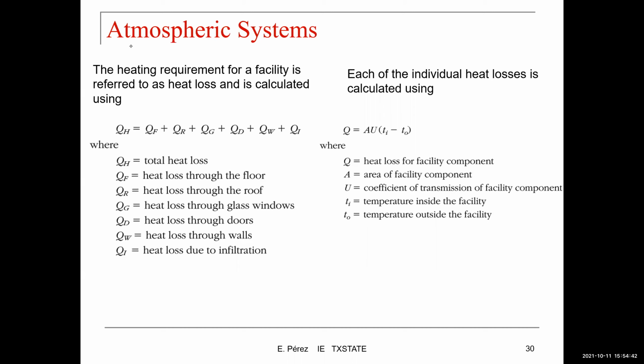Since you are trying to define the heat requirement, T inside will be higher than T outside for the heating component. So you want to keep a warm temperature inside the facility, so that temperature should be higher than the outside temperature. So Ti minus T0 for the heating requirement.